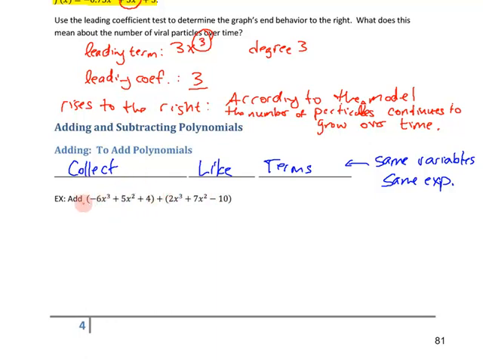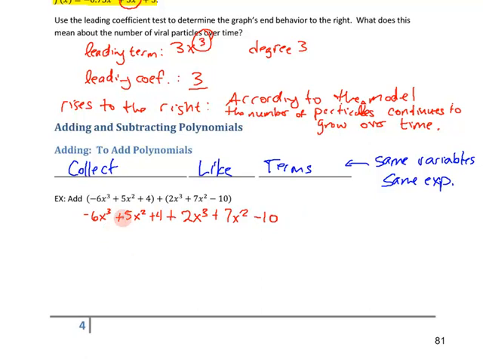It's understood to be just a 1 out in front. Multiplying by 1 doesn't change anything, so in this case I can just drop the parentheses. I'll have negative 6x cubed plus 5x squared plus 4. Okay, same thing here. Plus 1 times this thing is going to be just itself, so plus 2x cubed plus 7x squared minus 10. I was able to just drop the parentheses in an addition problem.